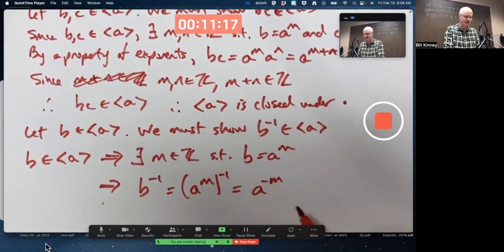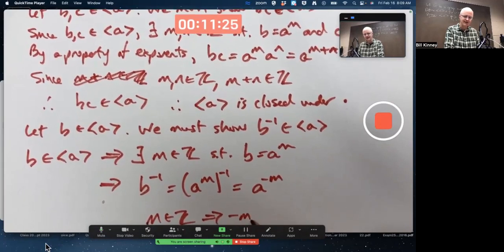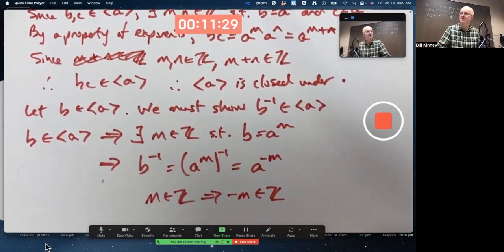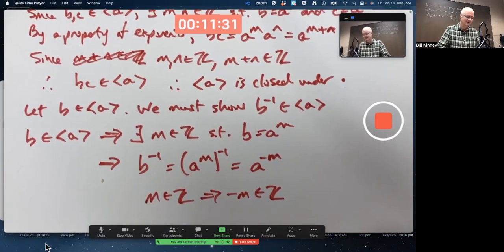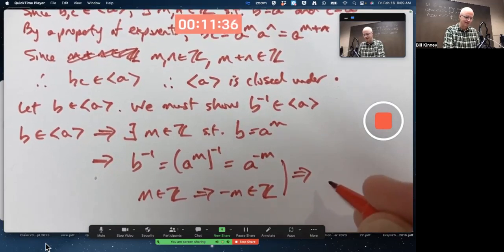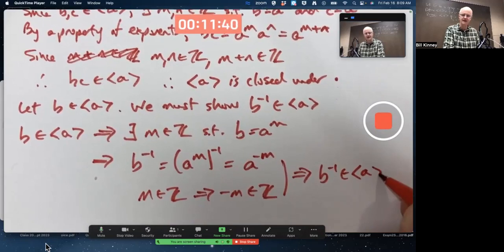Well, that does it. If m is an integer, negative m is an integer. M being an integer implies the opposite of m is an integer because the integers are a group under addition. This means the inverse of B is a power of A. It is in the set.